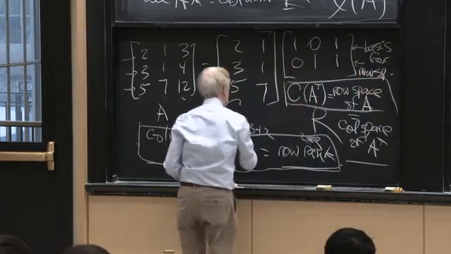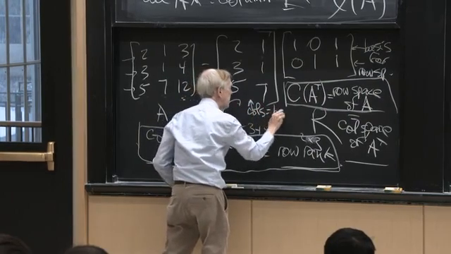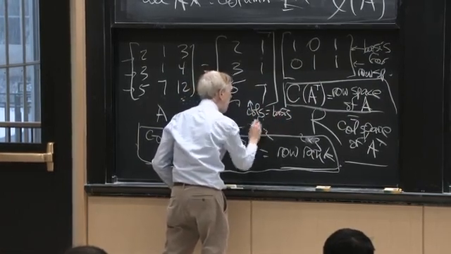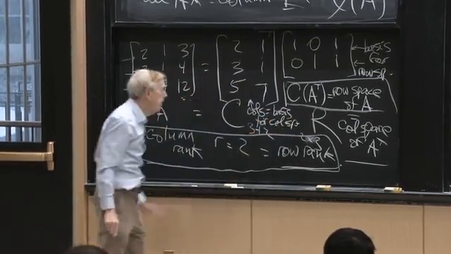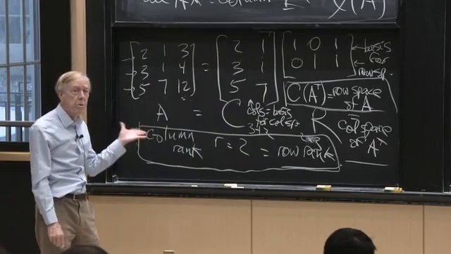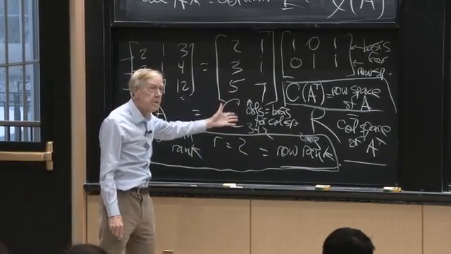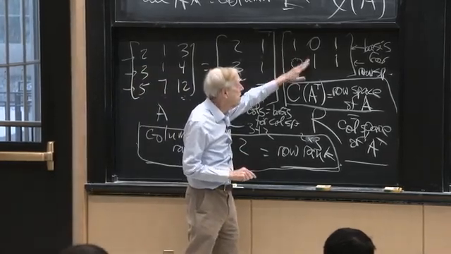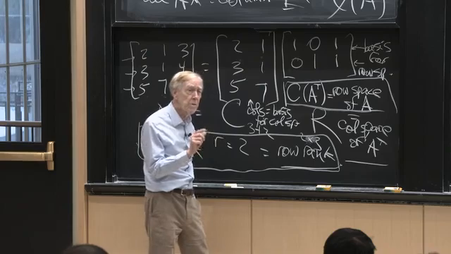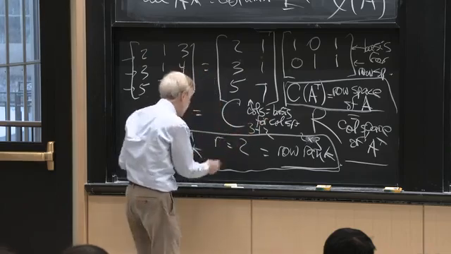And we already saw that these columns are a basis for the column space. And 2 equals 2, right? Two vectors here were a basis for the column space. Now, if I can see why this shows me that these two vectors are a basis for the row space, then my example is right.